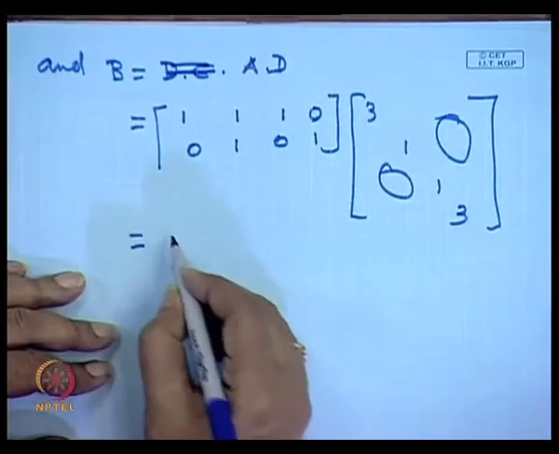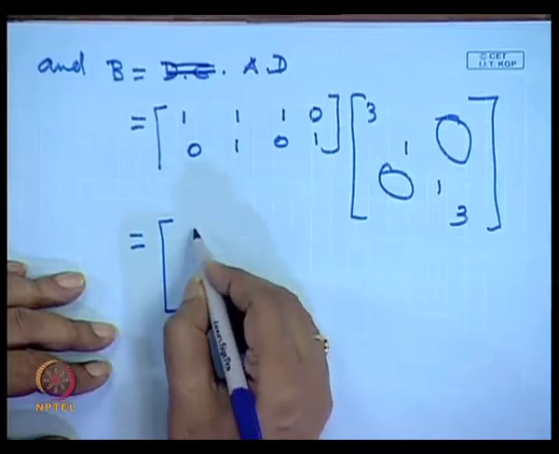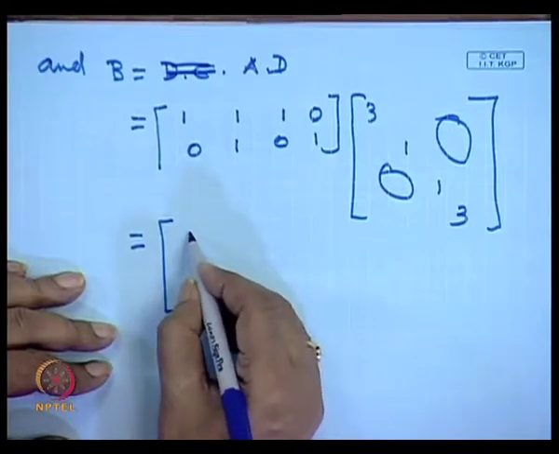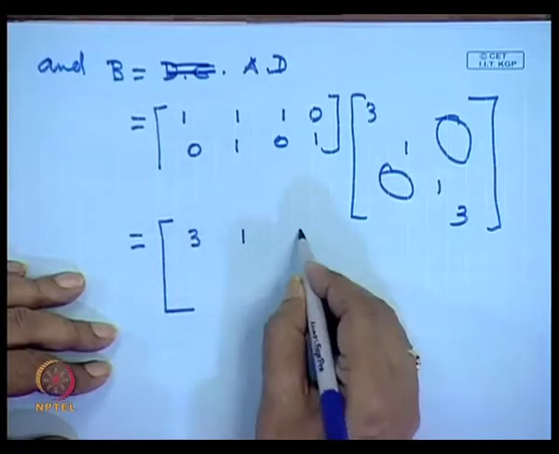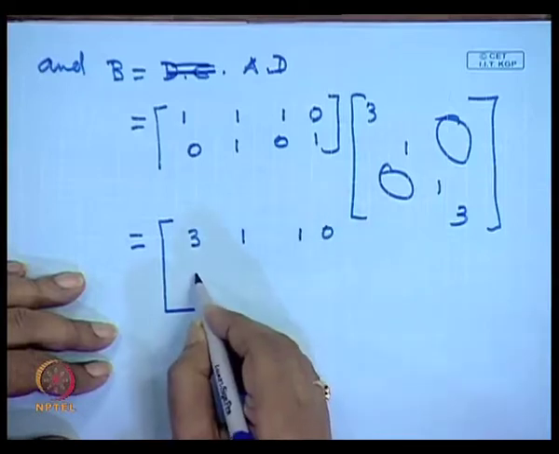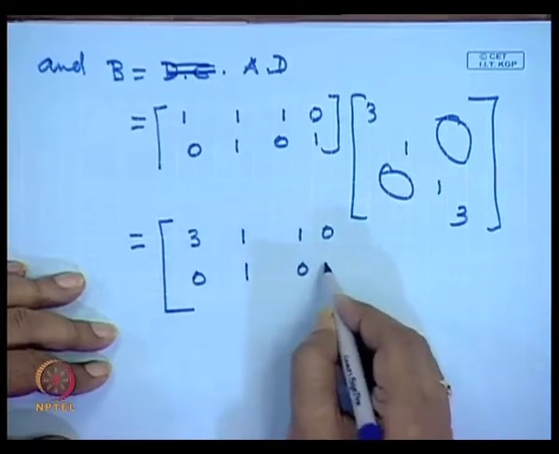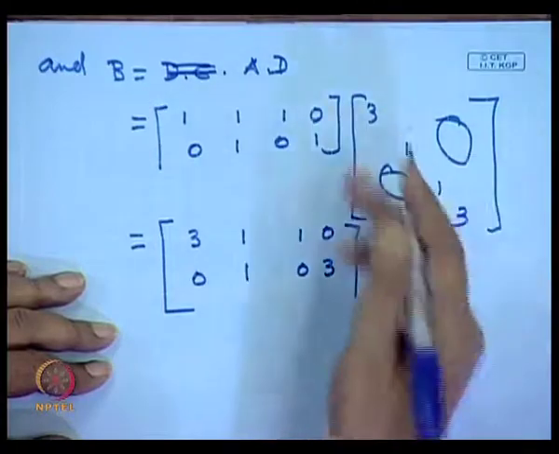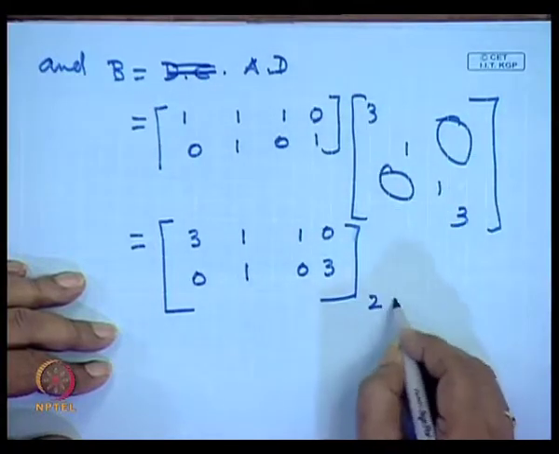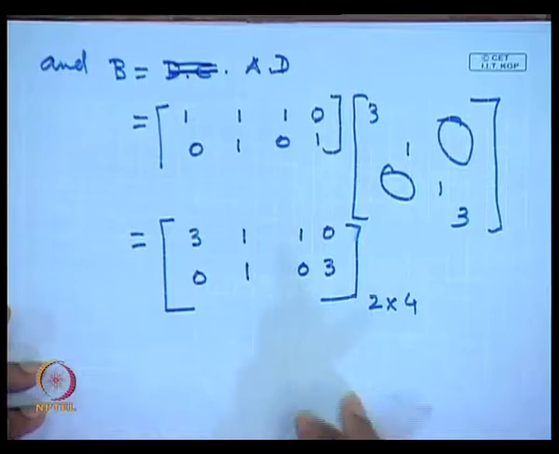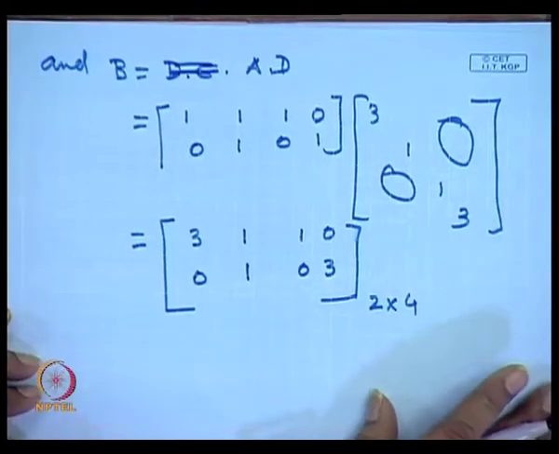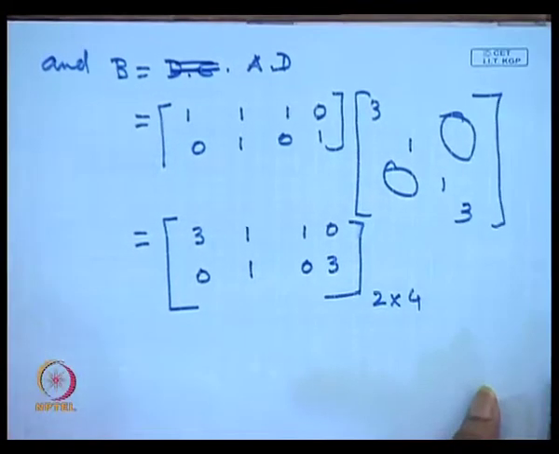If you multiply it, I will get the matrix with 2 rows and 4 columns: 3 1 1 0, then 0 1 0 3. Just multiply this. So, this is our B matrix, the equality constraint matrix in the transformed coordinate axes.